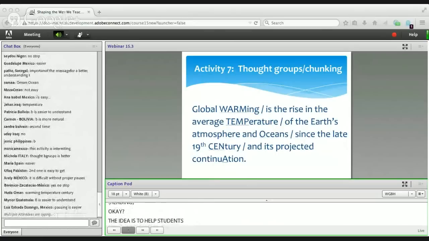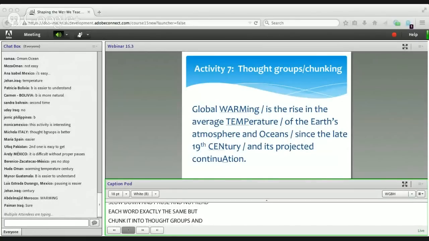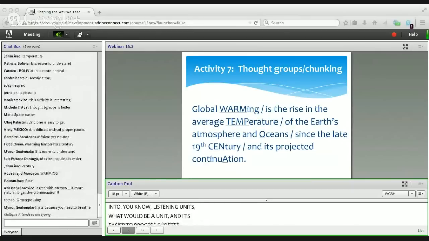Okay, so the idea is to help students slow down and pause and not read each word exactly the same, but chunk it into thought groups and into listening units. What would be a unit? And it's easier to process shorter connected units than to just listen to individual words said in isolation. Okay.